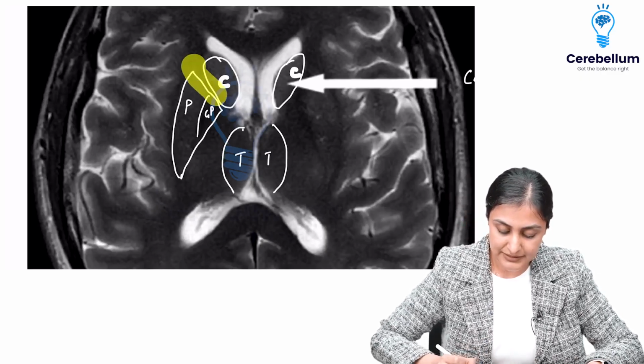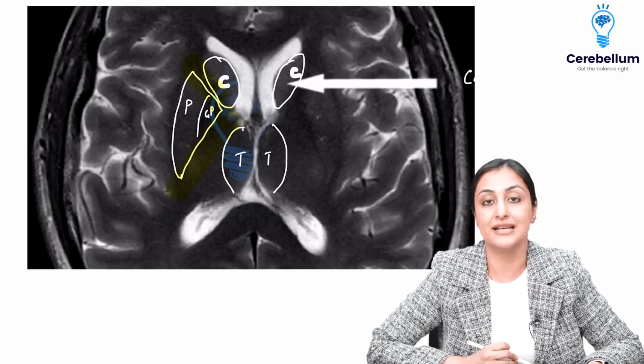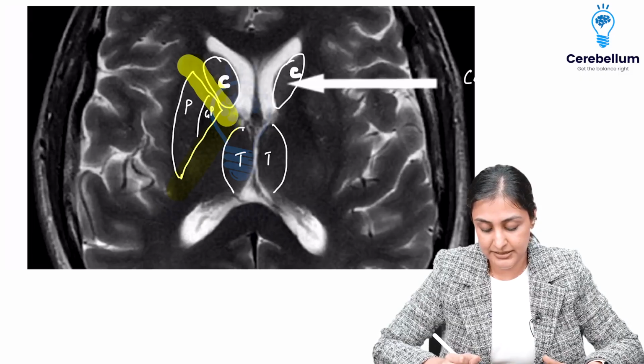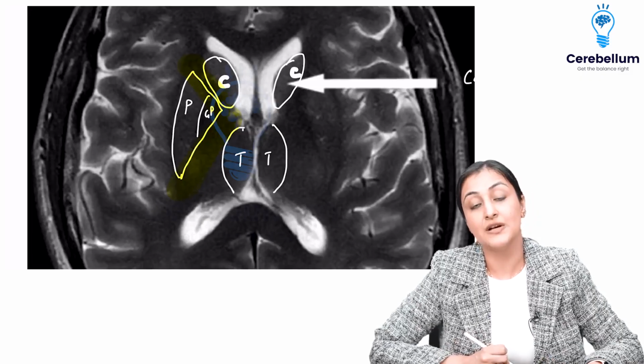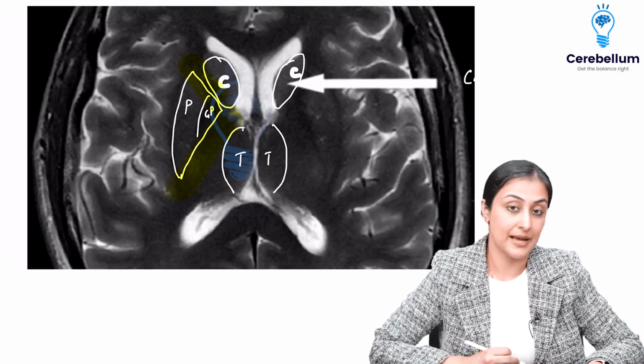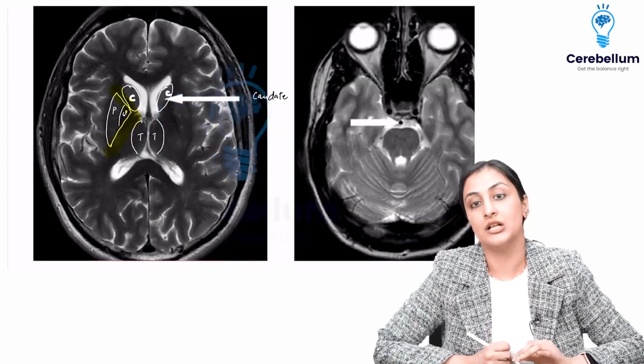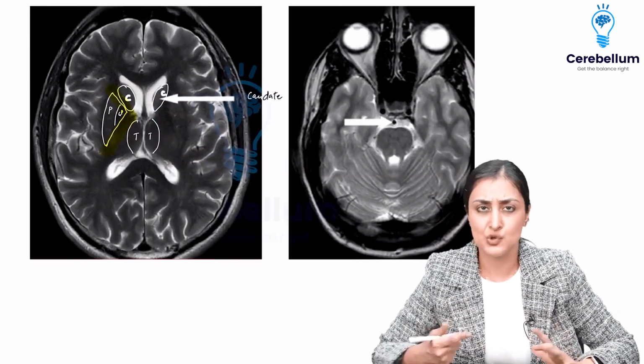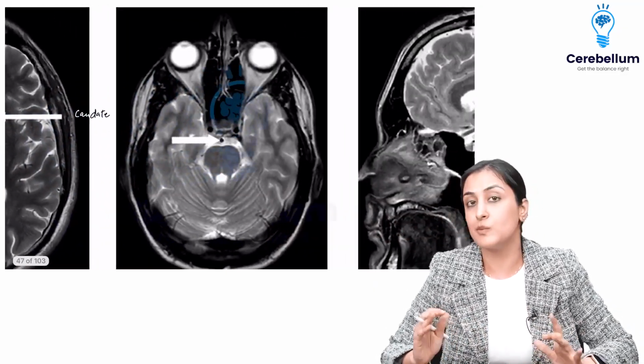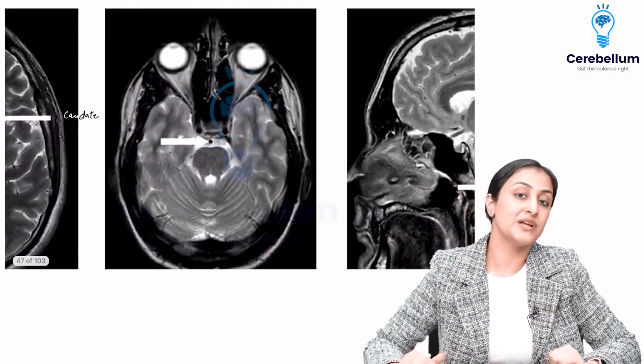And you can see here, this is the internal capsule. This is the anterior limb, genu, and posterior limb. So this is what constitutes our basal ganglia. We'll keep adding on to this knowledge as we go along, but this is the bare minimum we need to know. As we go down, we have the brainstem.